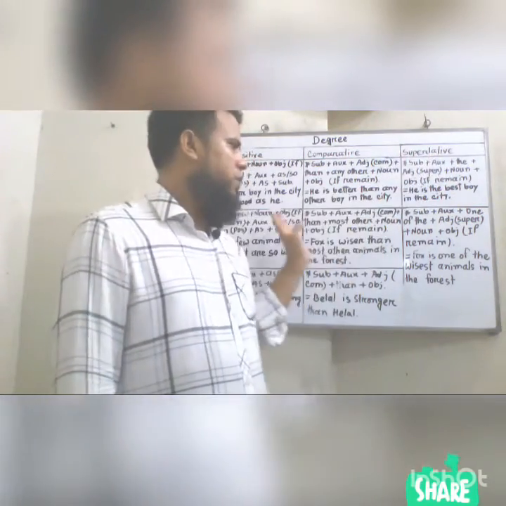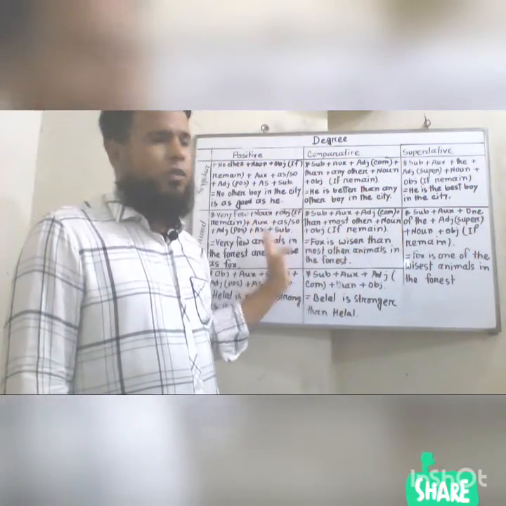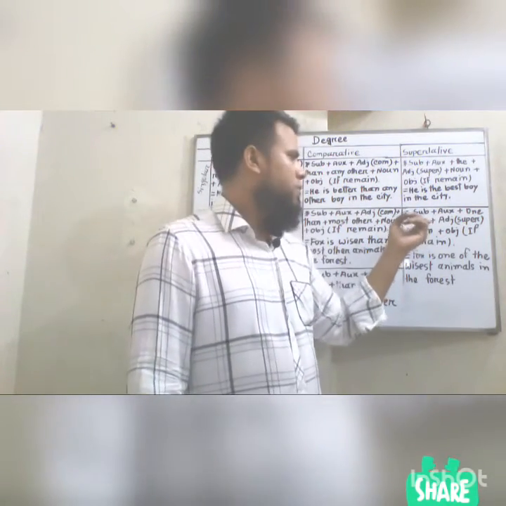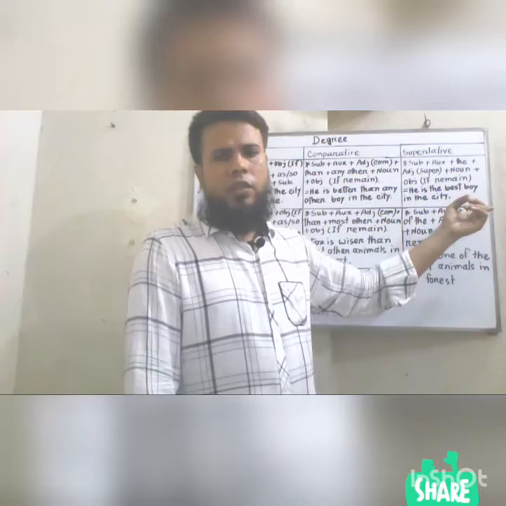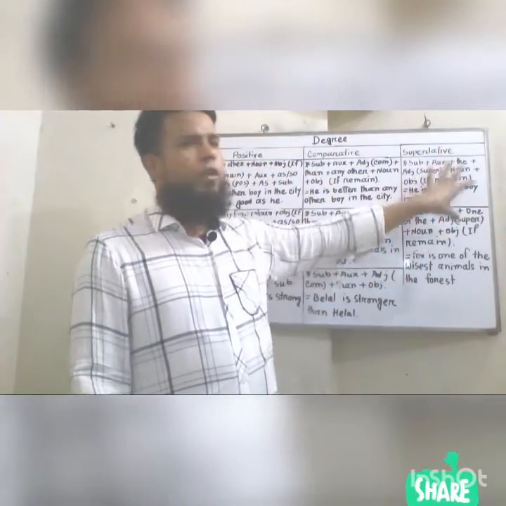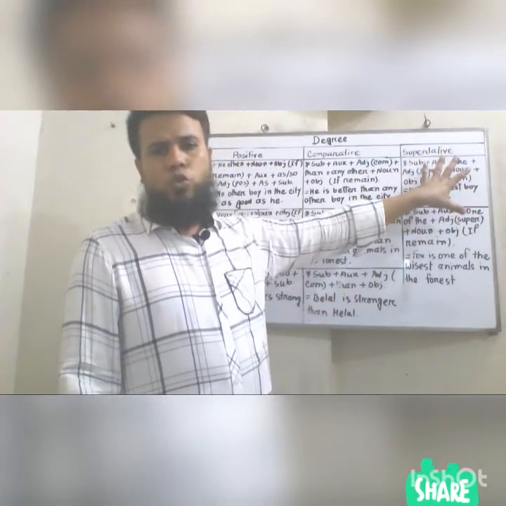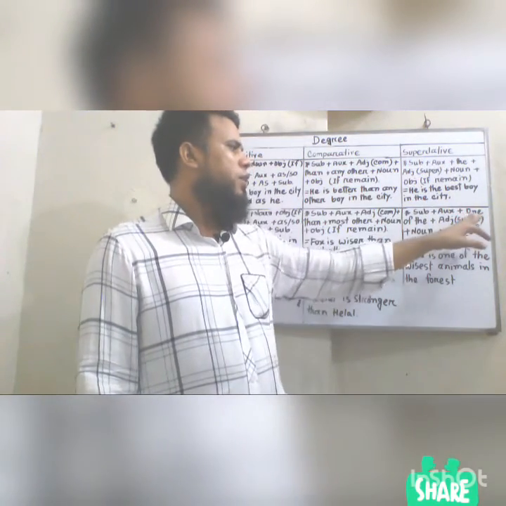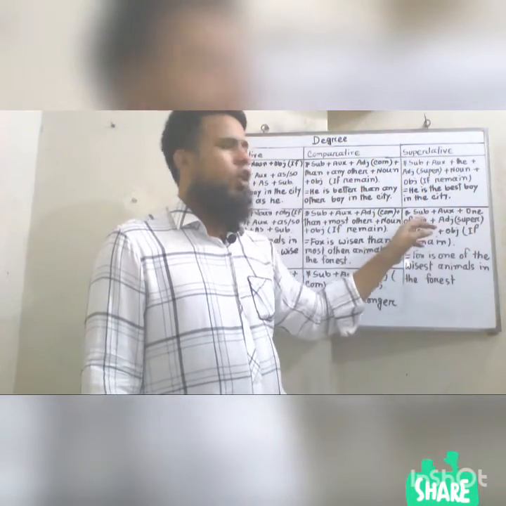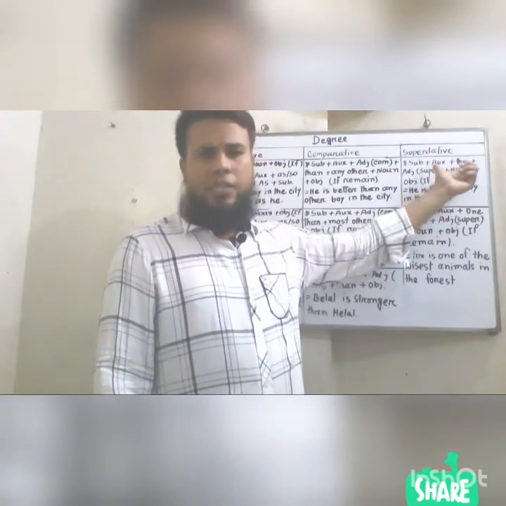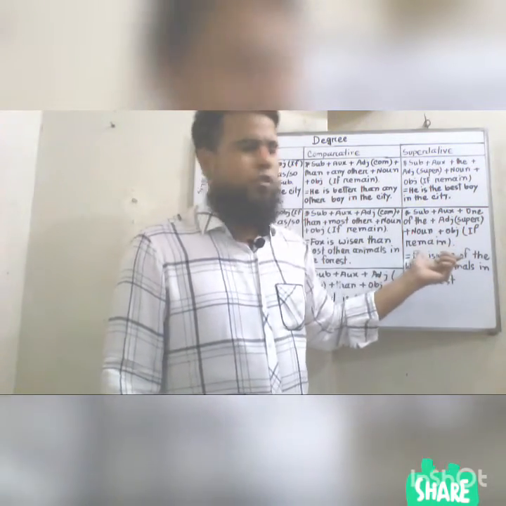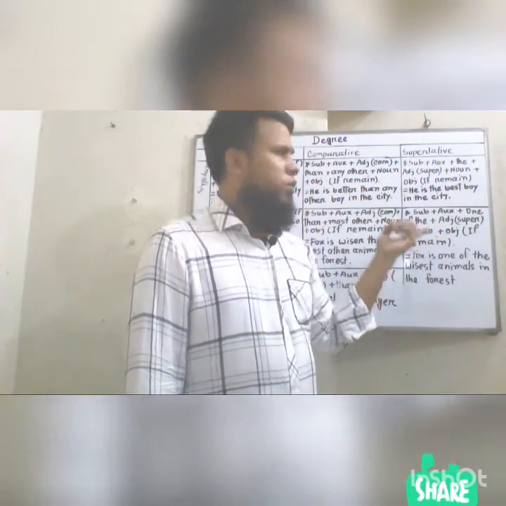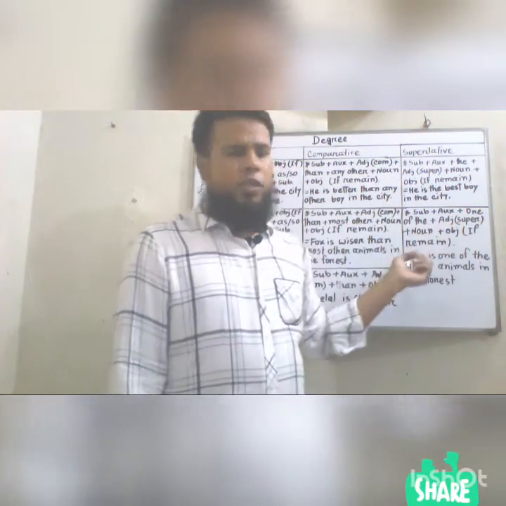Superlative. If we want to change this sentence to a superlative, first of all we have to write down the rule: subject, and then auxiliary, and then one of the. The only difference between these two rules is that here it is only the, and in this rule one of the. That means the is singular form, one of the is plural form, and then adjective super means superlative, and noun, and then object if it remains.